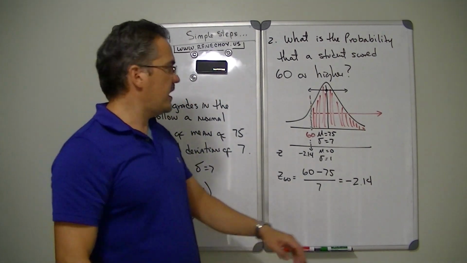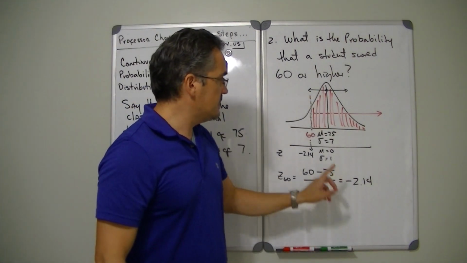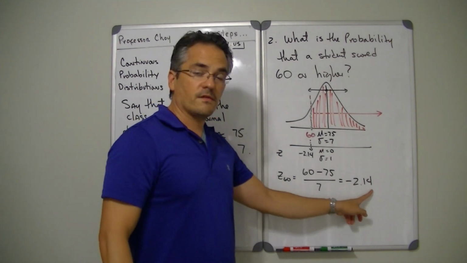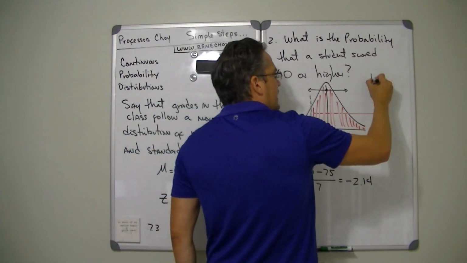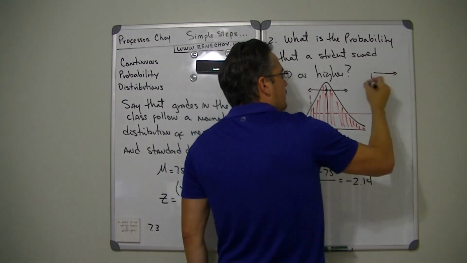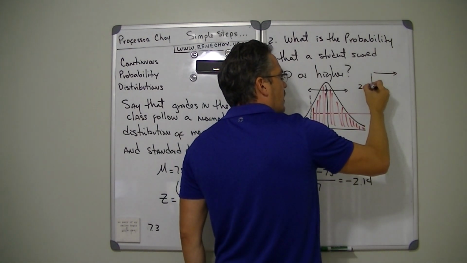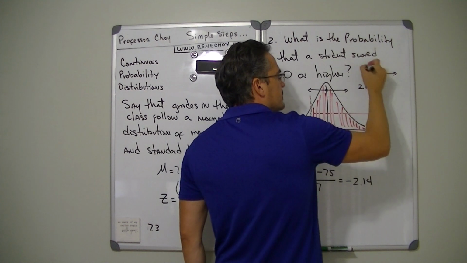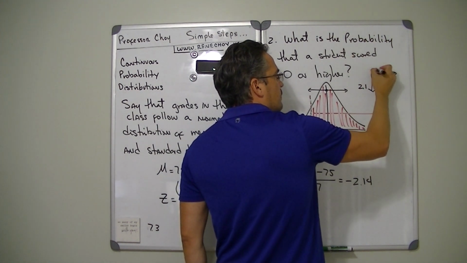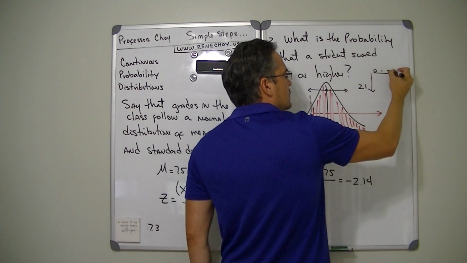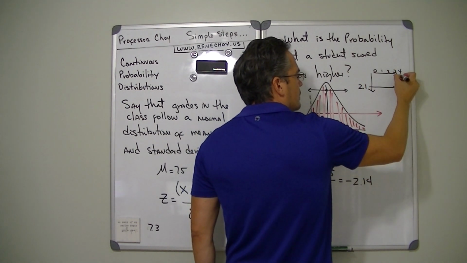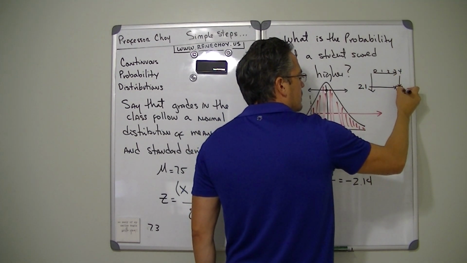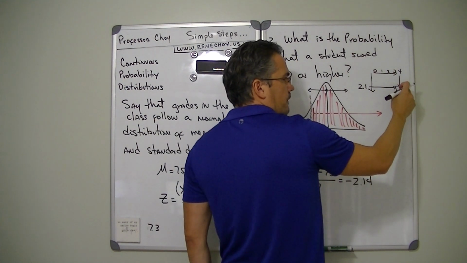So, in order to find the probability between 0 and negative 2.14, I got to go to the table, and then I got to look for 2.1 on the side, and then slide to the right 0, 1, 2, 3, 4. And I'm going to find there the probability of 2.14.